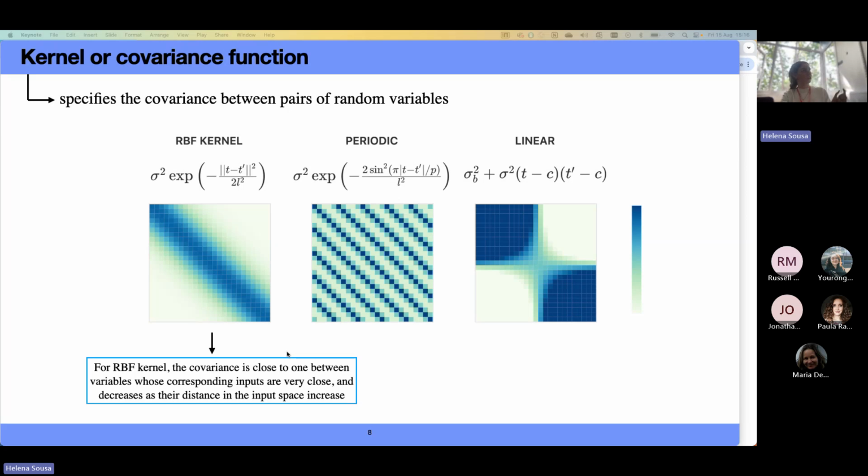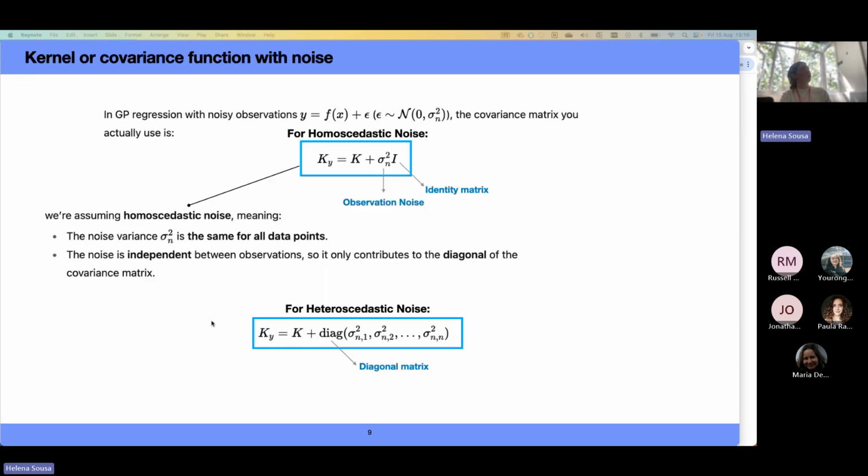So each of the x's that are close will have a high covariance, and it decreases with the distance throughout the input space. So it is a very commonly used kernel for regression.